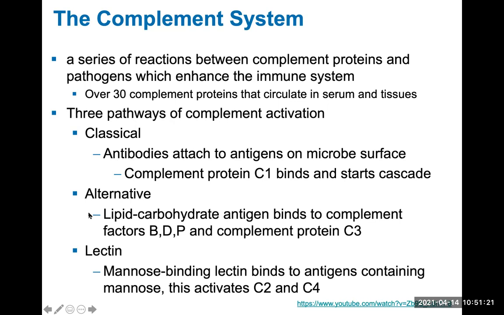Okay, so the classical pathway, and it's called classical only because it was discovered first. This is when you actually have antibodies that have attached to a microbe. So this is where you can see the adaptive immune system has played a role, because you already have these antibodies attaching to the microbe surface.